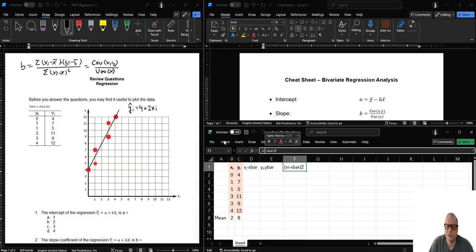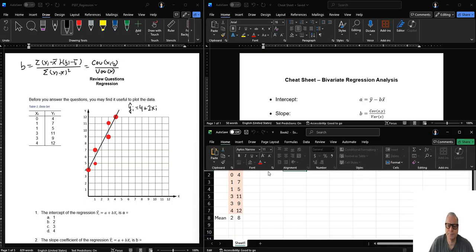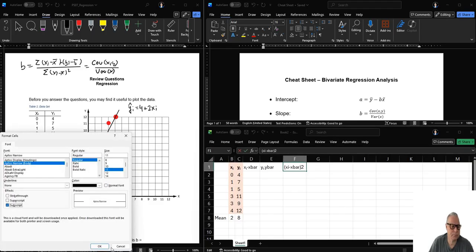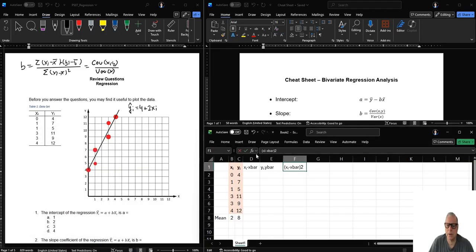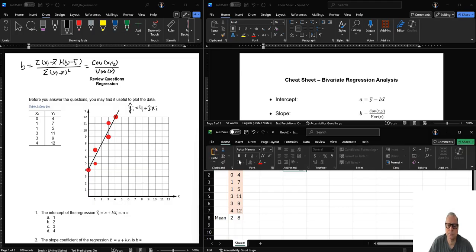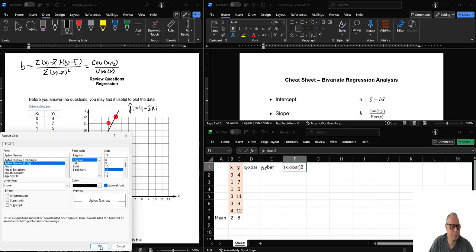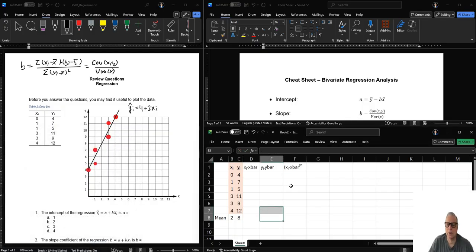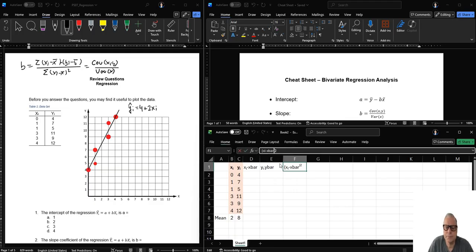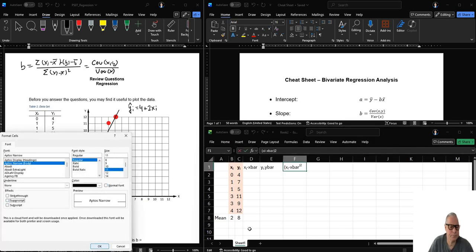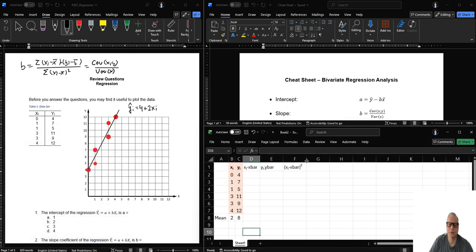Then we have to subscript the i and superscript the 2, maybe not the parentheses. Okay, now it looks right.